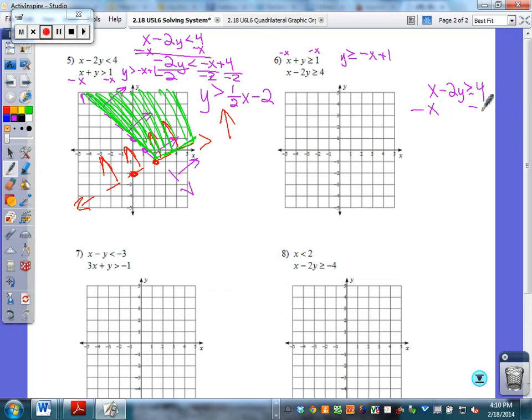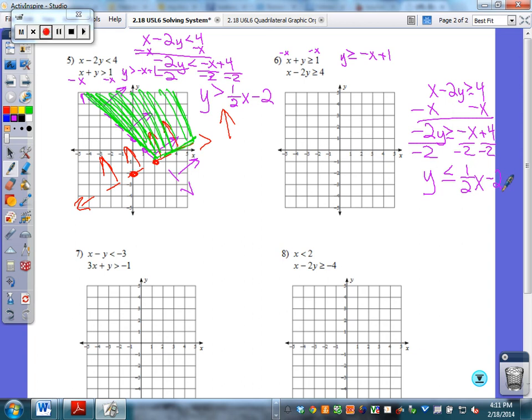Subtract the x from both sides, so we're left with negative 2y is greater than or equal to negative x plus 4. Divide the negative 2. That means if we're dividing by the negative 2, we are also changing the inequality. So we have y is less than or equal to 1 over 2x minus 2.